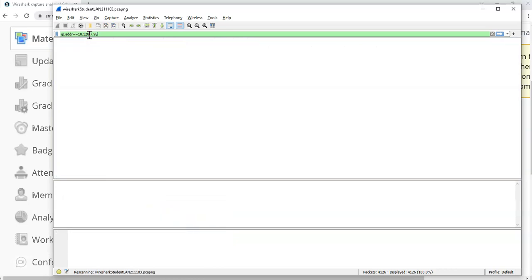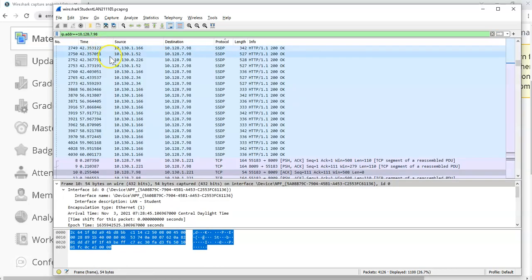That's one filter I can do. What that does is show the traffic that's either to or from me. I get 1,100 packets displayed. Down there in the lower right, I can see how many packets there are to or from me.